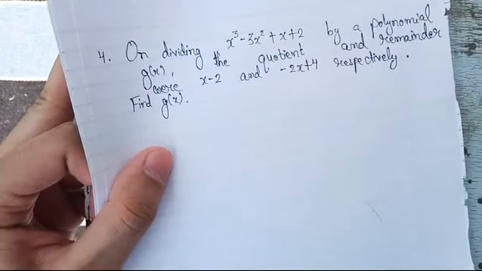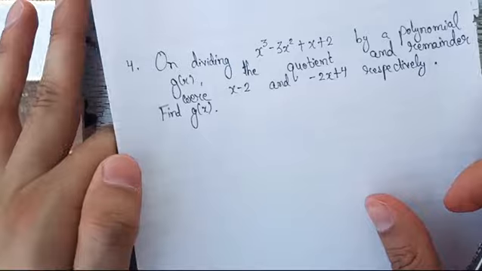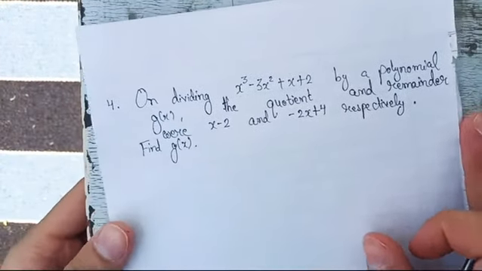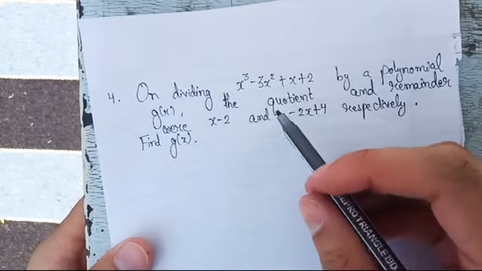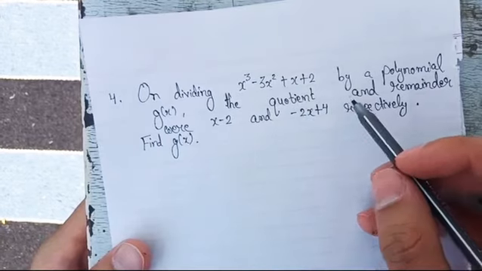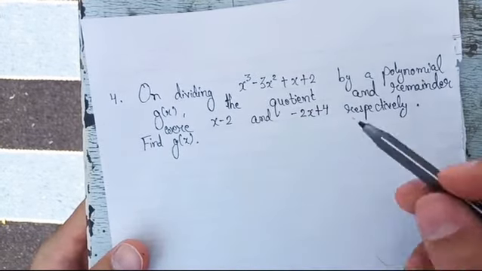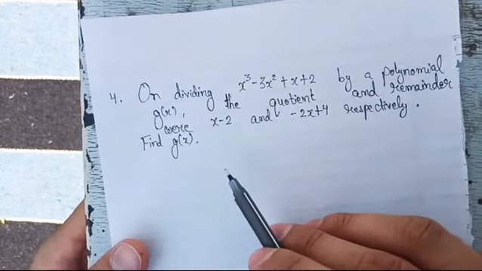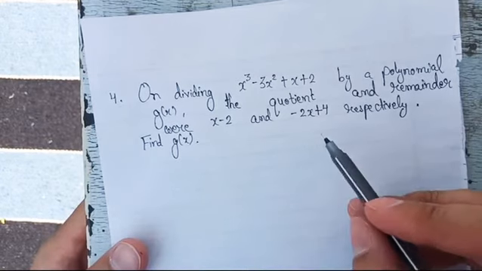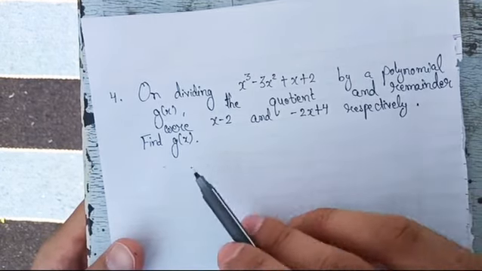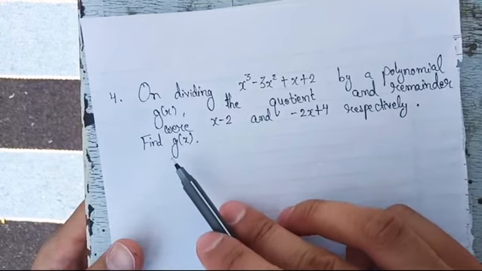Now moving ahead, question number 4. On dividing x cube minus 3x square plus x plus 2 by a polynomial g(x), the quotient and remainder were x minus 2 and minus 2x plus 4 respectively. Find g(x).